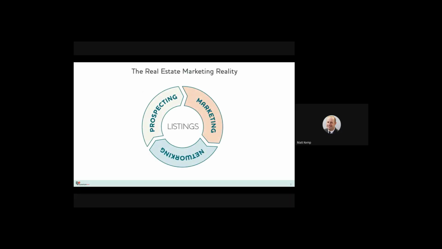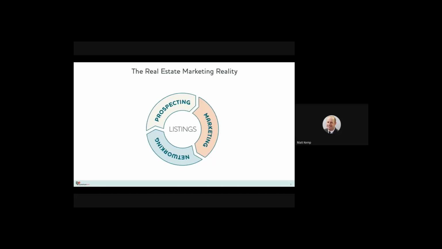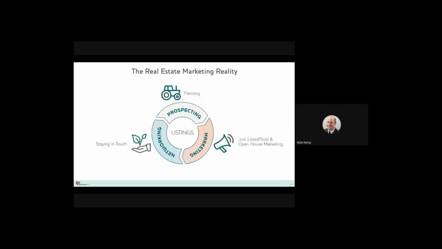So the way Quantum Digital sees it and the way we approach direct mail to marketing in general is everything is revolving around listings. So you're going to do your prospecting operations, you're going to do your marketing operations, you're going to do your networking operations, but all of those really revolve around listings. So what Quantum Digital offers is things that most of you may be aware of, farming.